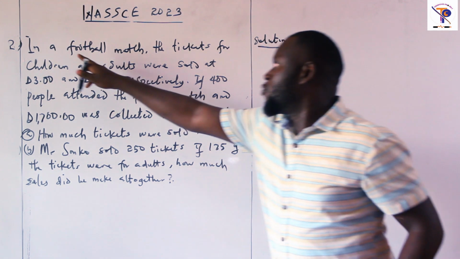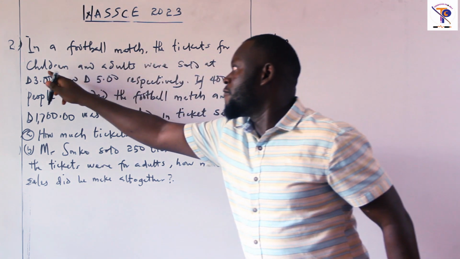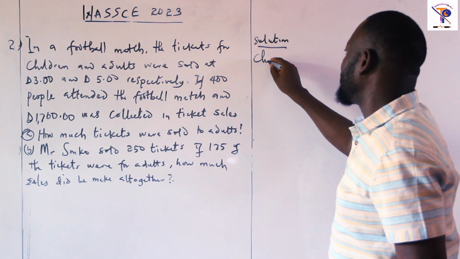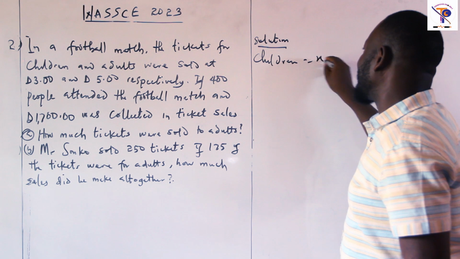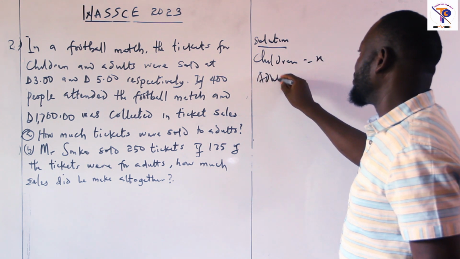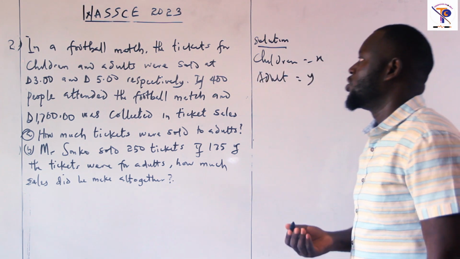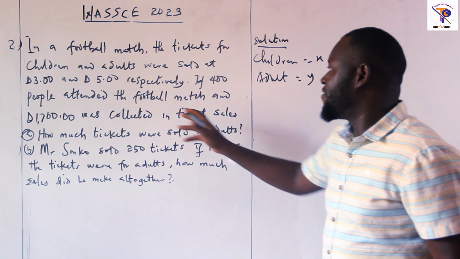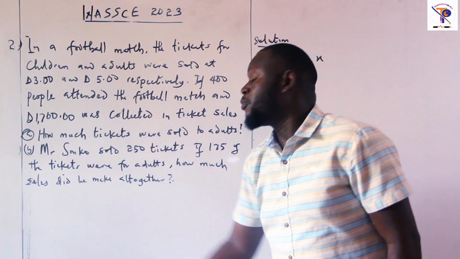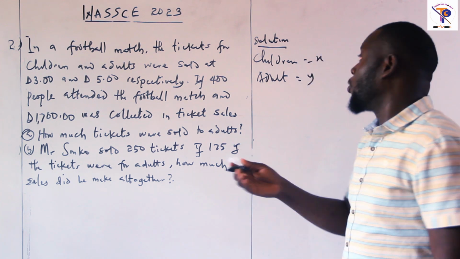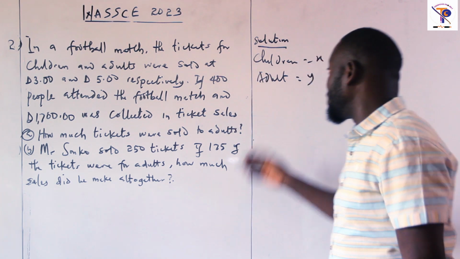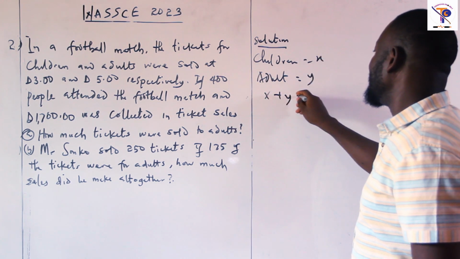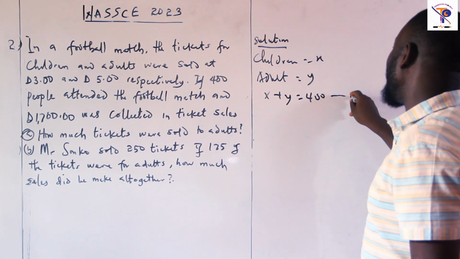Let's read again. In a football match, the tickets for children, let's say children is X and adults is Y. The question told us 400 people attended the football match. So both children and adults are 400. I will say X plus Y is equal to 400, which will be my equation 1.